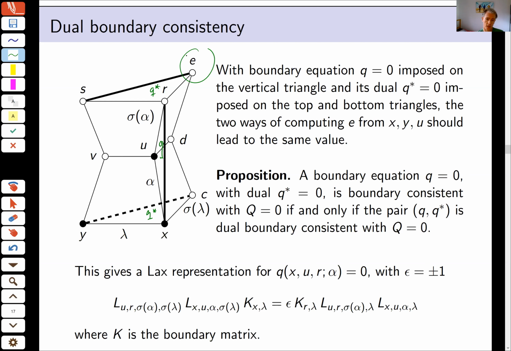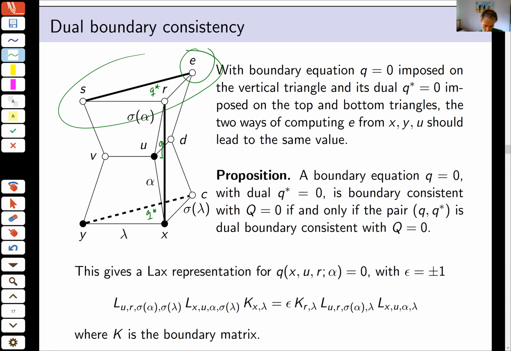Namely, you can express, for example, here E in terms of S as a fractional linear transformation, and you can convert that into a matrix, and that is your boundary matrix. If you do that, you have to use q star to get the boundary matrix for the equation q. And that solved a bit of a puzzle.